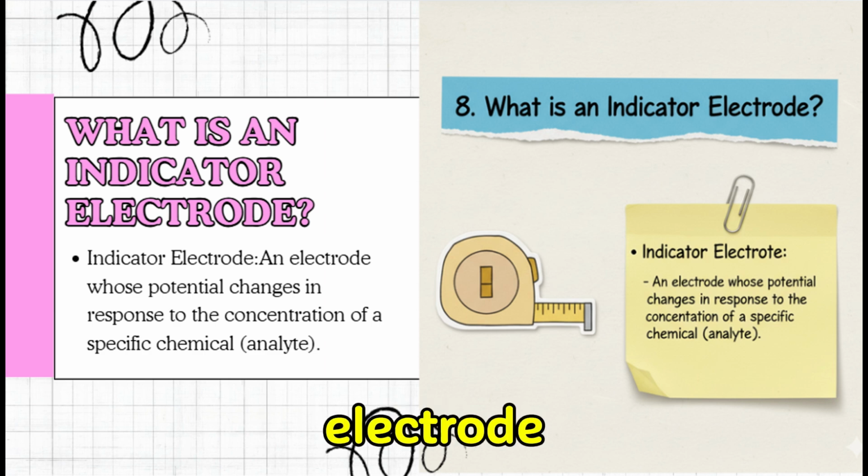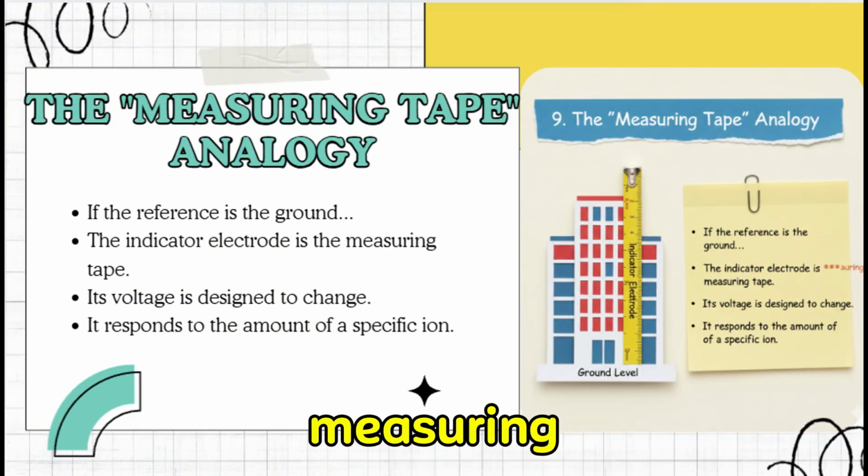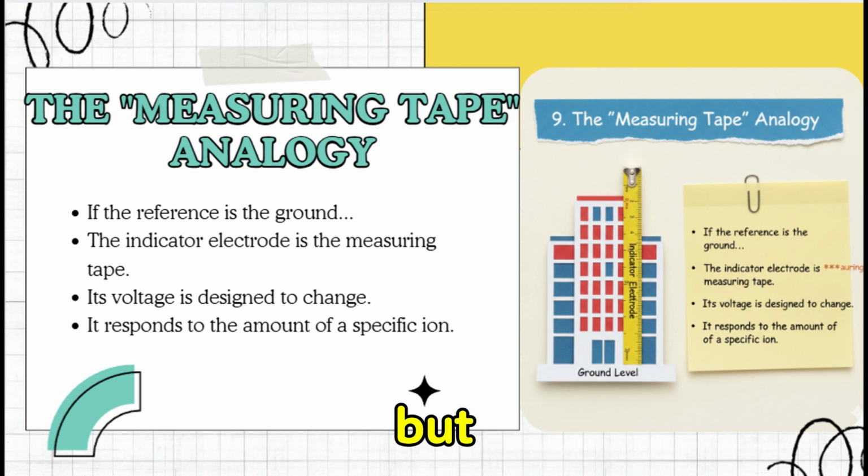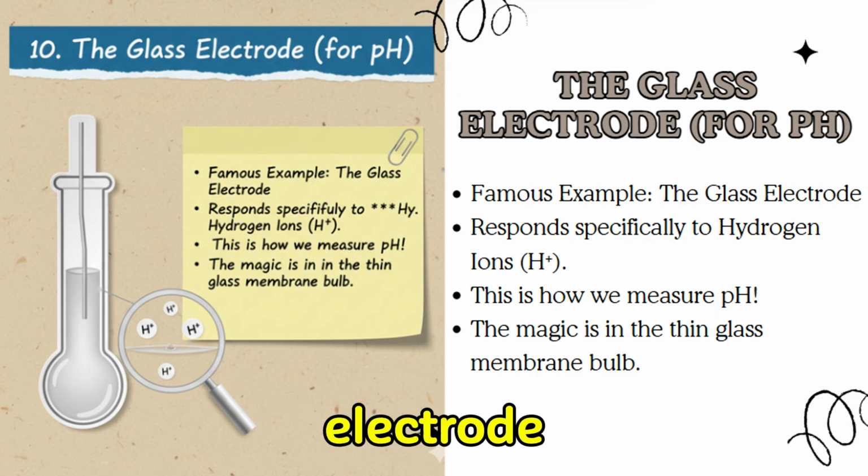If the reference electrode is the stable ground, the indicator electrode is the measuring tape. Its voltage is designed to change. It's like a chemical thermometer, but instead of temperature, it responds to the amount of a specific ion. The most famous example is the glass electrode, which is designed to respond only to hydrogen ions, which is how we measure pH. Let's look at that glass electrode.